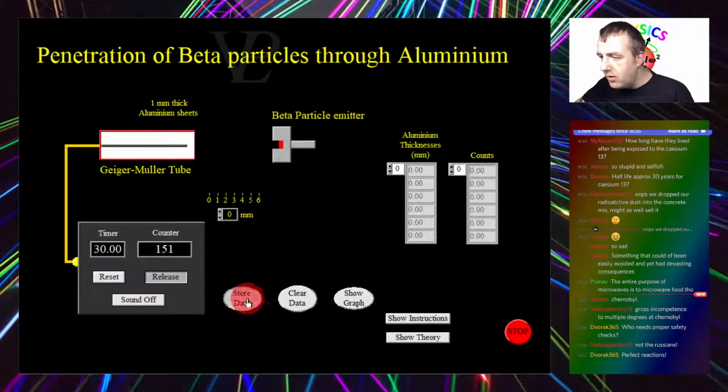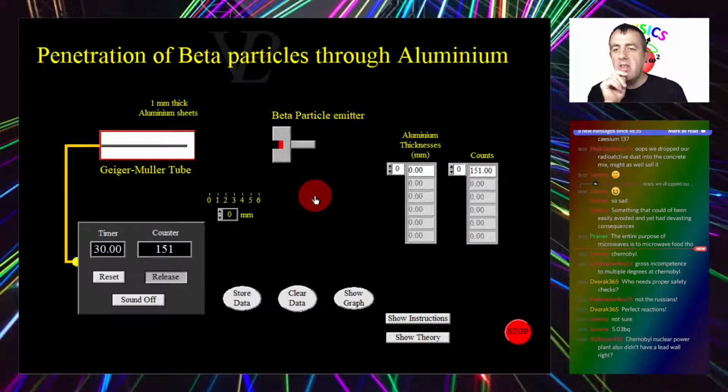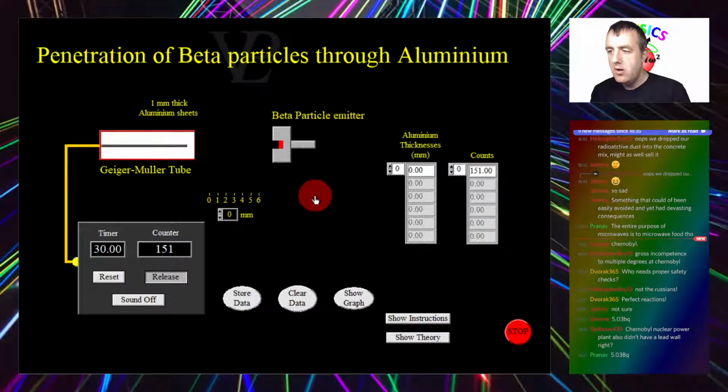So the way you'd calculate the activity, and this is something you need to know for GCSE level, is the number of counts, in this case 151, divided by the amount of time, in this case 30 seconds.